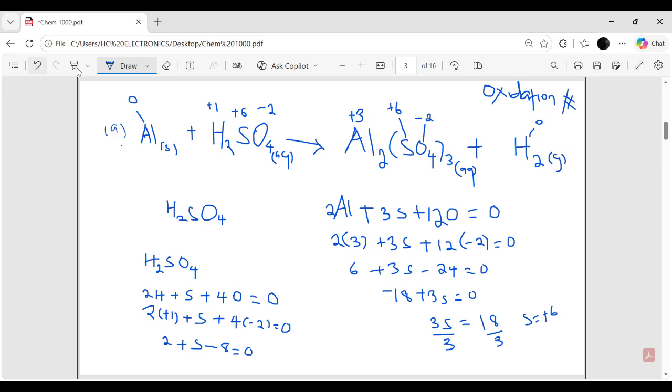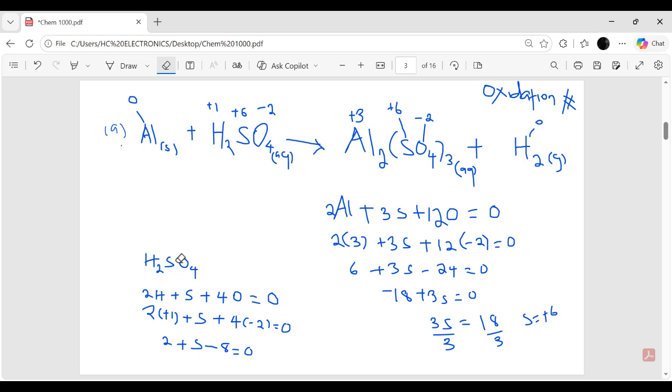So now we have our oxidation states assigned, and we move to the next step. The next step is to check which one is undergoing oxidation and which one is undergoing reduction.